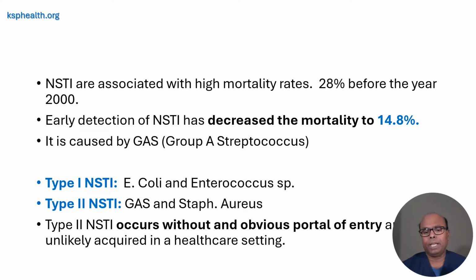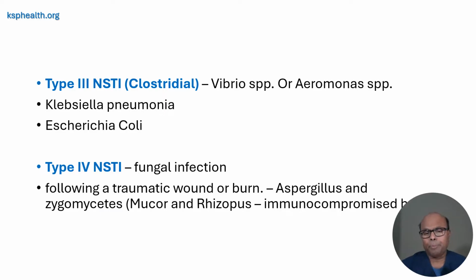Type 2 NSTI occurs without an obvious site of injury, so it is unlikely to be caused in a healthcare setting. Type 3 NSTI is often clostridial or caused by gram-negative microbes like Vibrio, Aeromonas, Klebsiella, E. coli. Type 4 is caused by fungal infection.